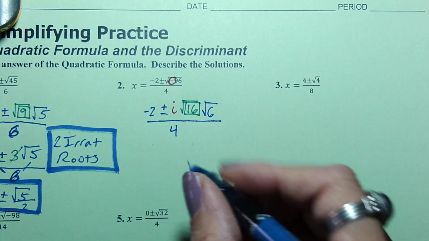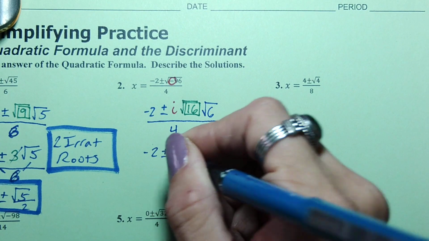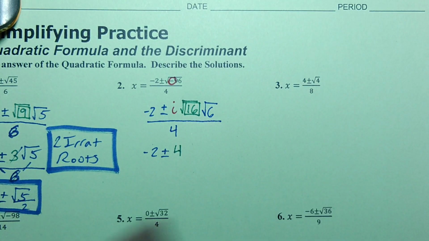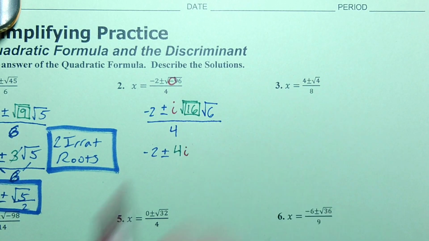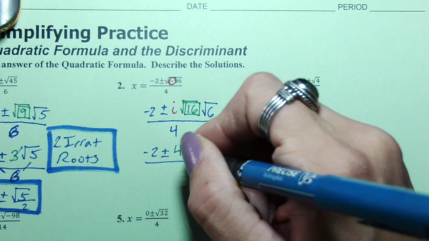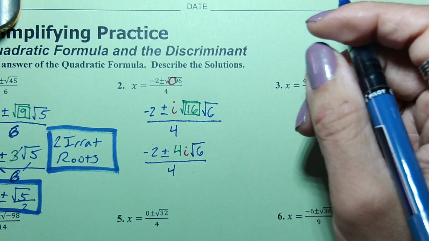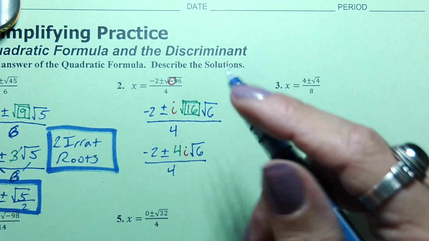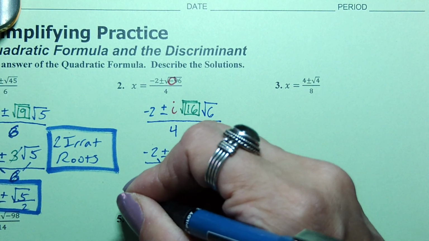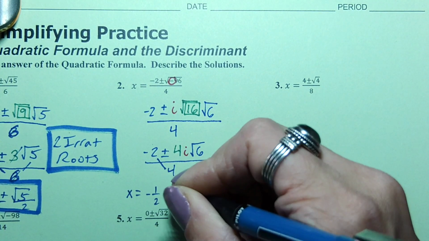So before I start doing any division distribution, we're going to simplify our radical stuff. Square root of 16 is 4. We throw the I behind it. Square root of 6. And this is all over 4. So now from here, division distribution to simplify. Negative 2 divided by 4 is a negative 1/2.